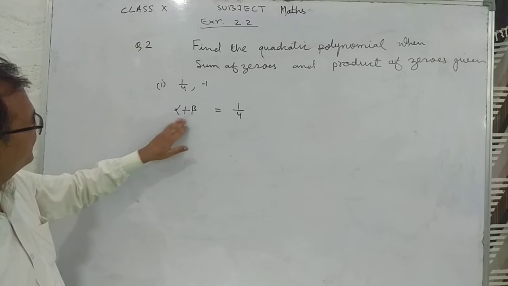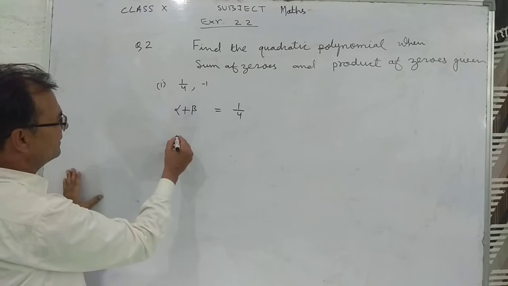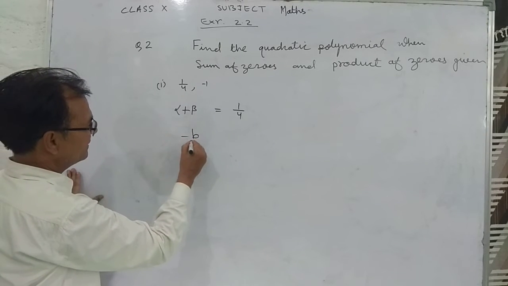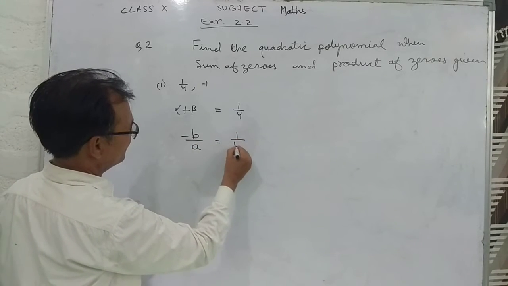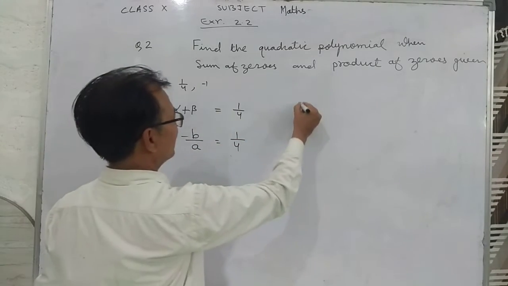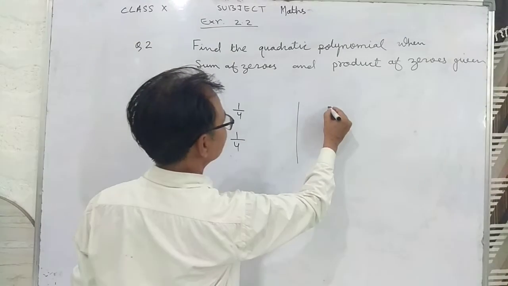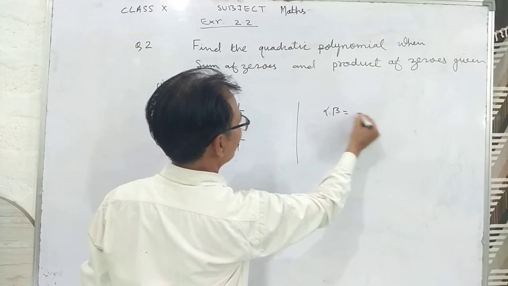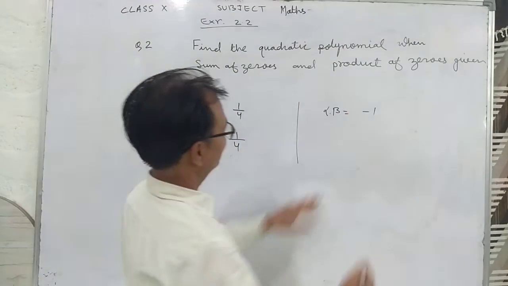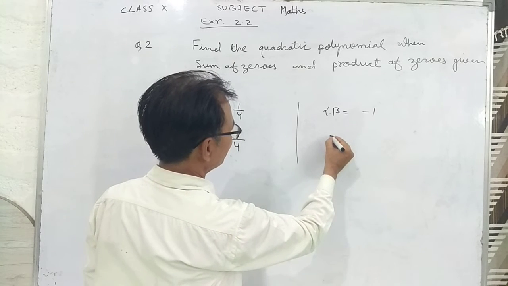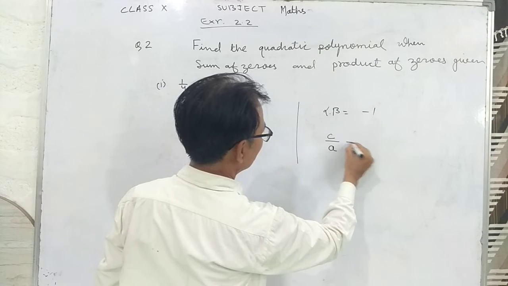We are saying this is minus b upon a as 1 upon 4, and alpha into beta we have minus 1, and alpha into beta product of zeros we represent as c upon a.